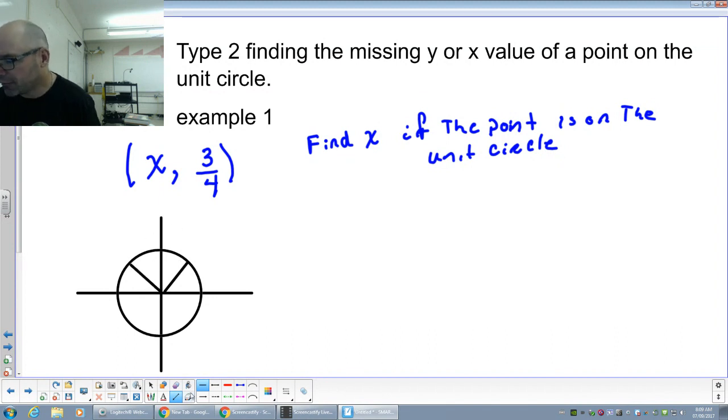So this point could be (x, 3/4). y is 3/4, and if this is 1, it's lower than 1. And it could be (x, 3/4) over here, where x is negative. It can't be down here or down here because that would be negative 3/4.